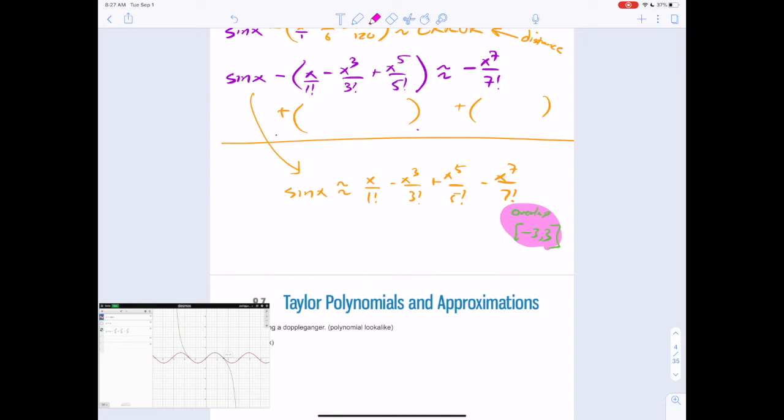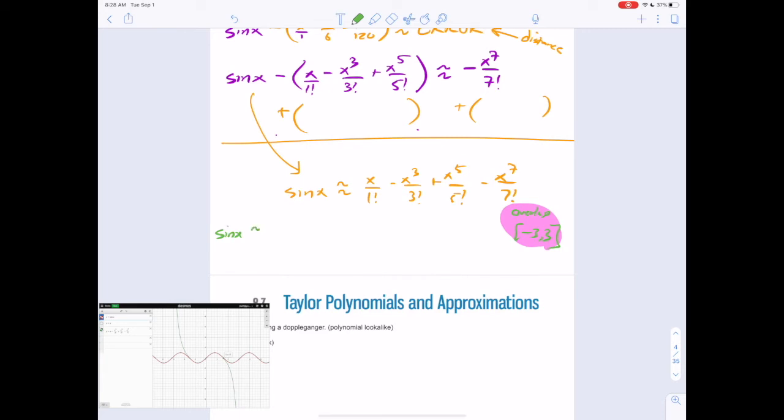Okay, so you're probably tired of this by now, okay? In theory, could I make the polynomial function or the polynomial lookalike even better? Right? Can you guys guess what would go next?